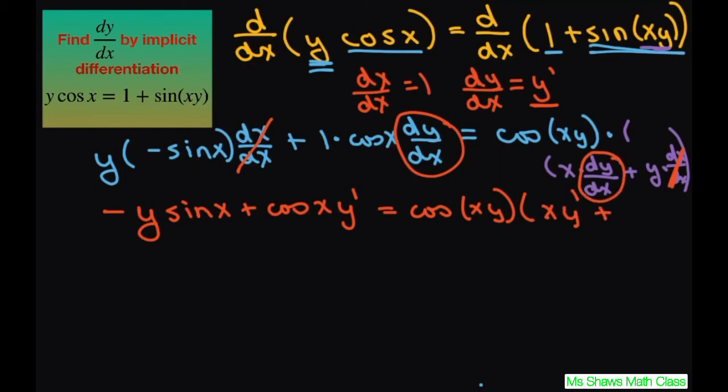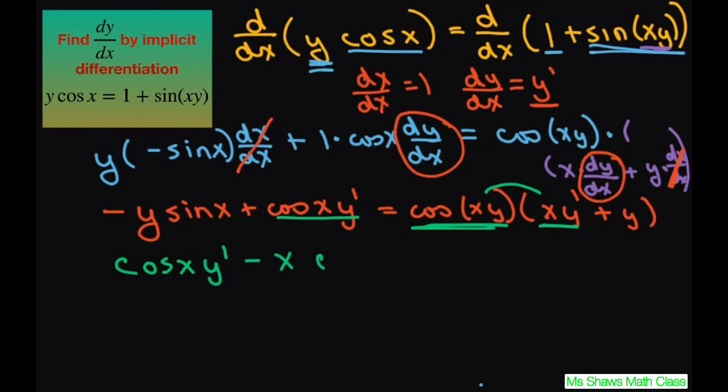plus y. Now that I have that, I can distribute this first. So basically what we can write this as is, I'm going to write my y primes first, so I have cosine of x, y prime, minus x cosine of xy, y prime. I'm doing this part right here.